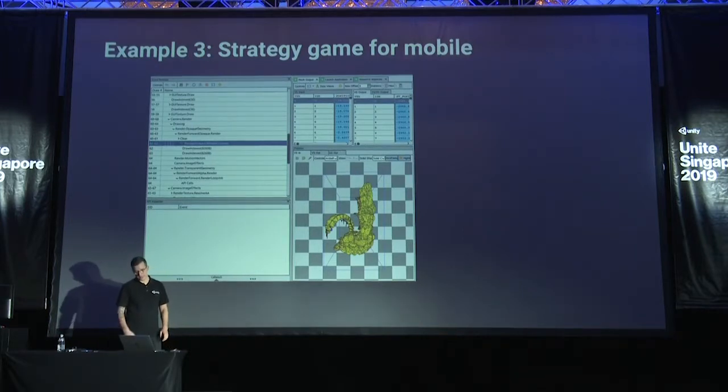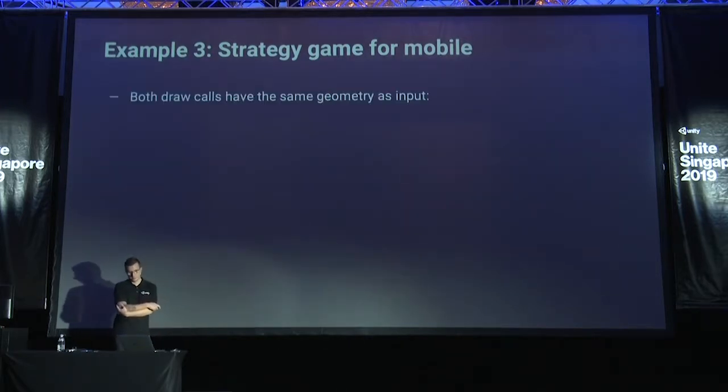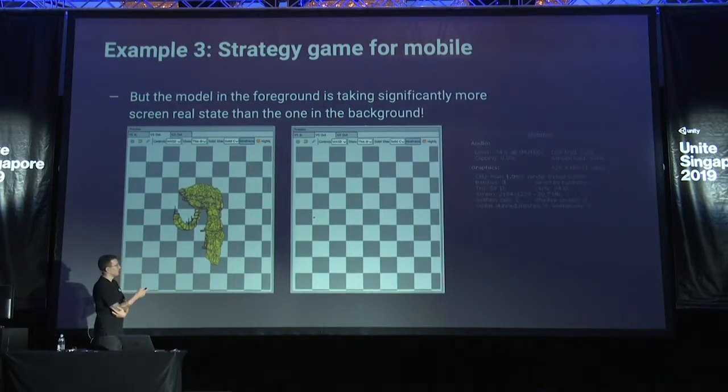And after using tools like a frame debugger, we found out that this object is actually rendered twice. And both of these objects, I'm not sure if you can see. If I wouldn't wear glasses, I wouldn't see it. But this is the same object that has the same amount of triangles, right?